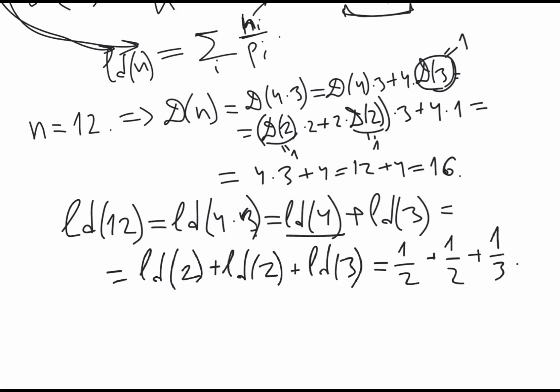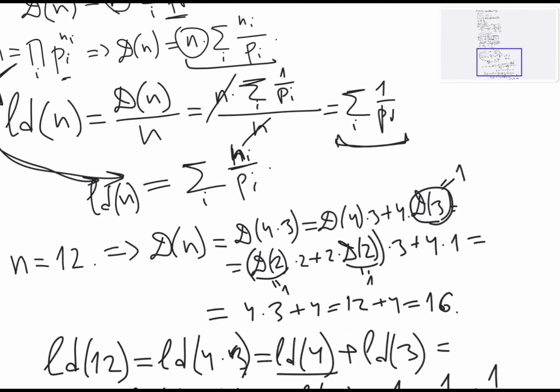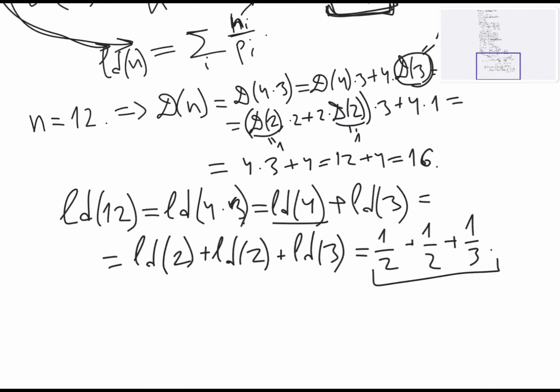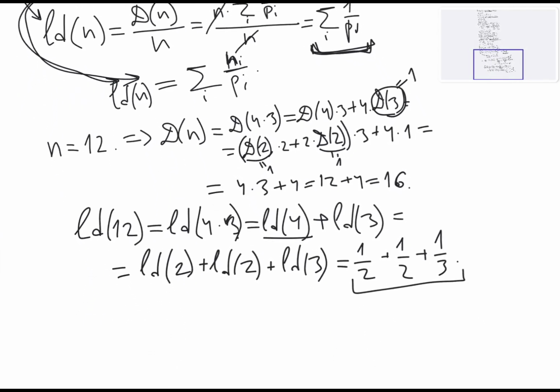And this is, by the way, exactly this representation, because 12 is equal to 2 multiplied by 2 multiplied by 3, right?